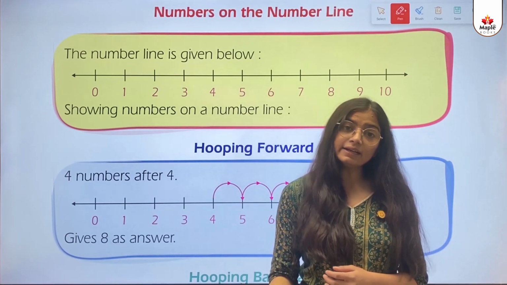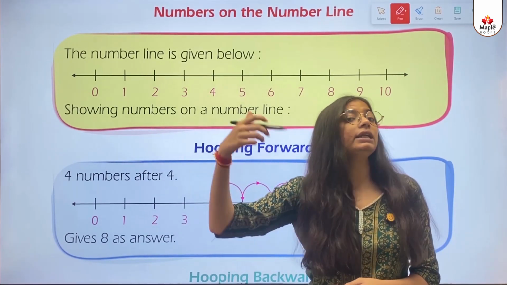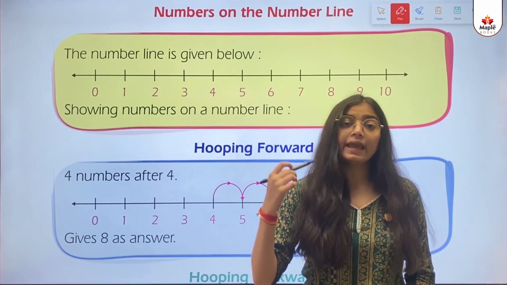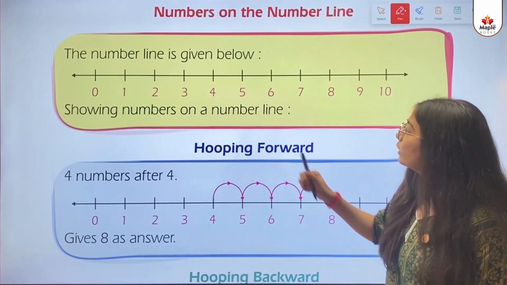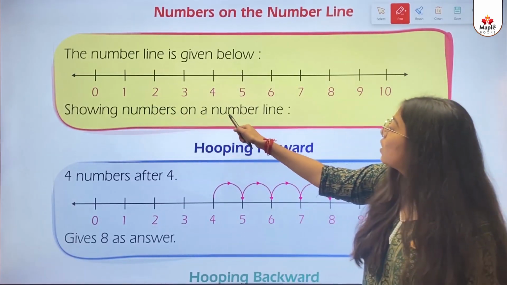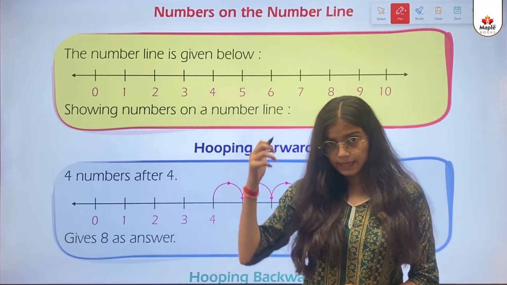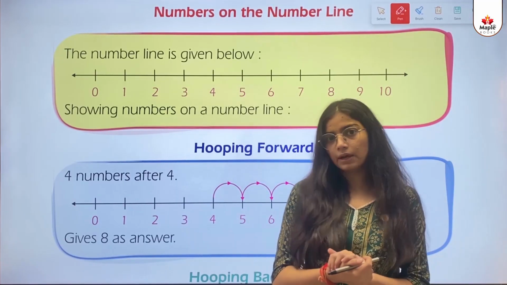This can extend up to 10 or 20, 30, 40, whatever number you want. It can be extended. Clear? So what is written here? Showing numbers on a number line. So kids, in this concept we will learn how to show numbers on a number line.